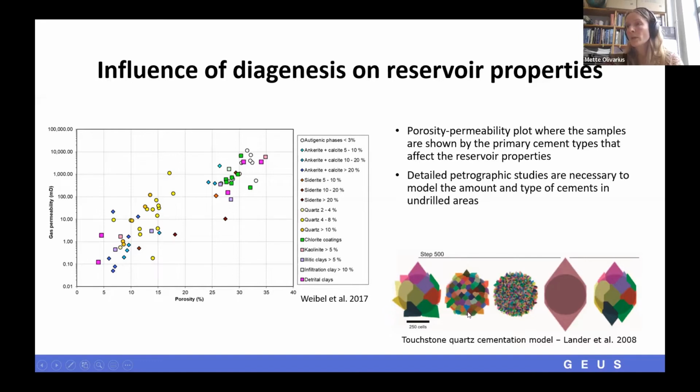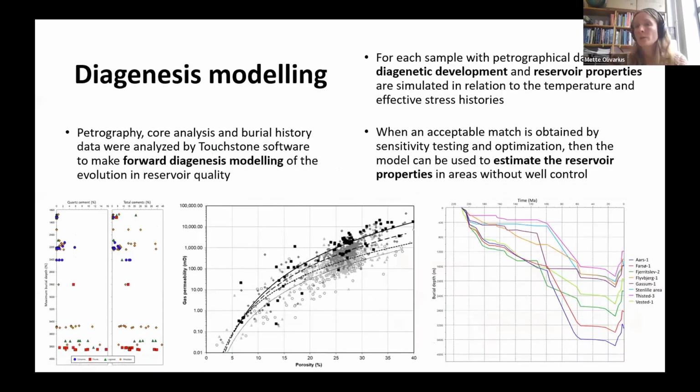For example, if they are monocrystalline, then they will grow faster, or they will grow larger overgrowth shapes. Whereas if the grain consists of many small crystals, then the overgrowth will be smaller. Yeah. So for this diagenesis modeling, we use the data we have of petrography.